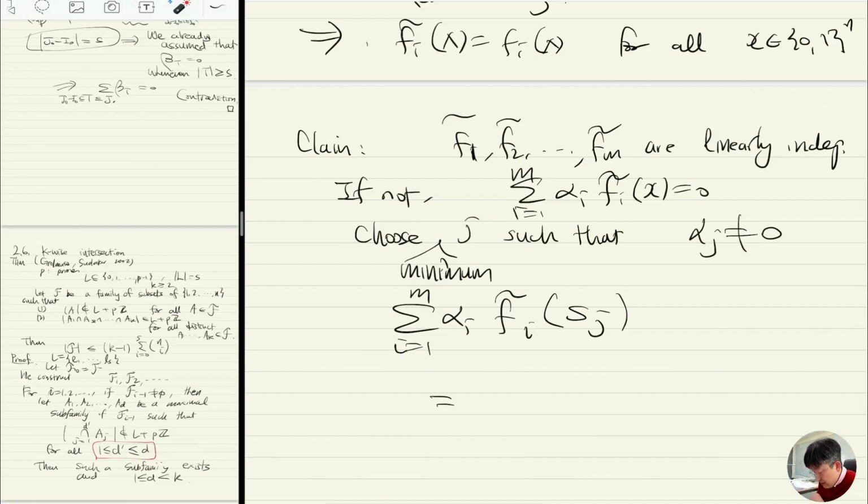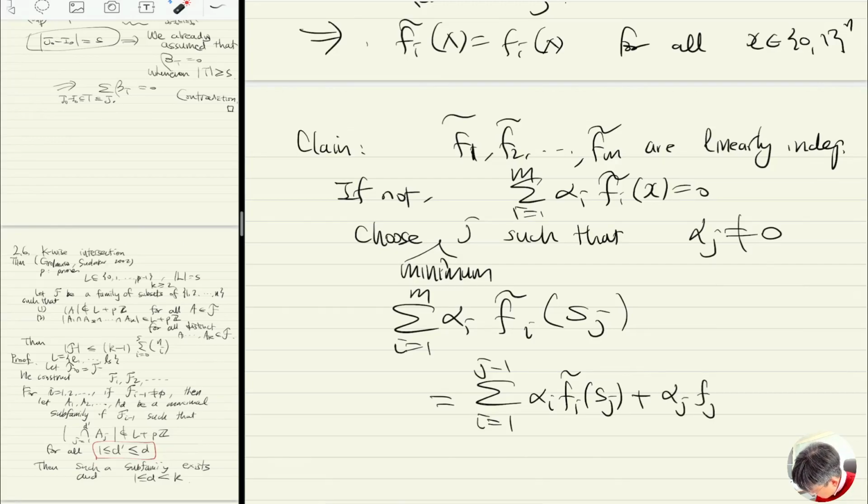So what's going to happen? Well, I can partition it into 3 parts: the sum for i from 1 up to j minus 1 of alpha_i F_i tilde of S_j, plus alpha_j F_j tilde of S_j, plus the sum for i from j plus 1 up to m of alpha_i F_i tilde of S_j.